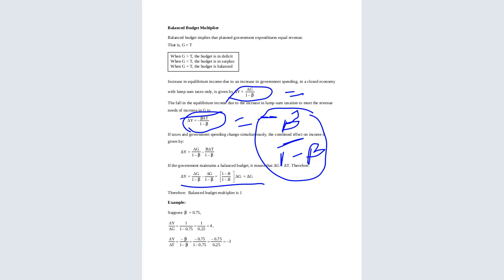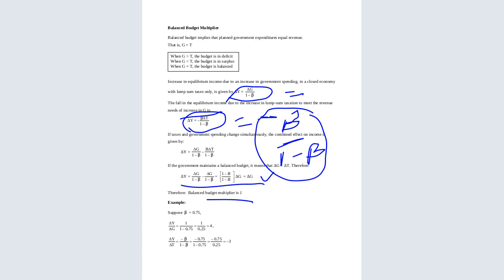In this case, our multiplier is simply 1, the change in income over the change in government expenditure. That is what we will have. So that implies that the balanced budget multiplier is simply 1. The balanced budget multiplier is 1.